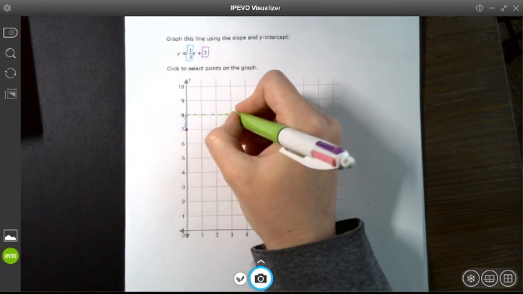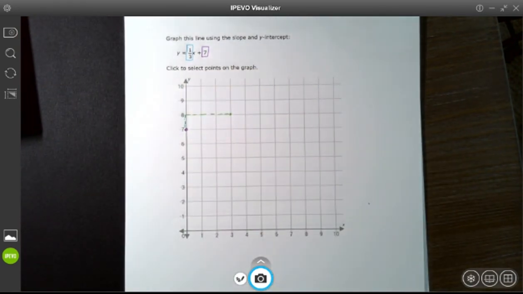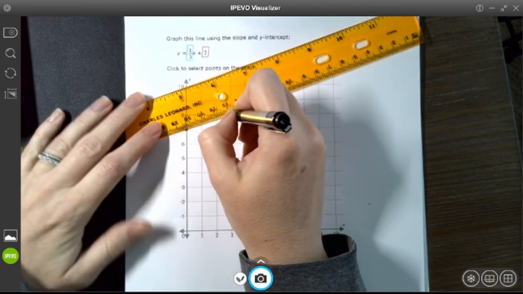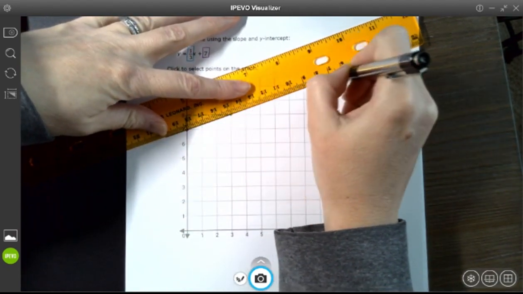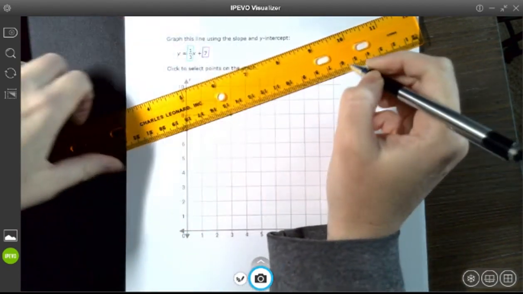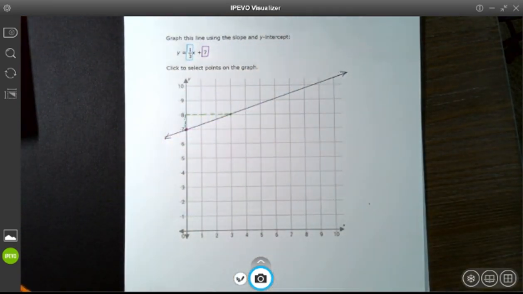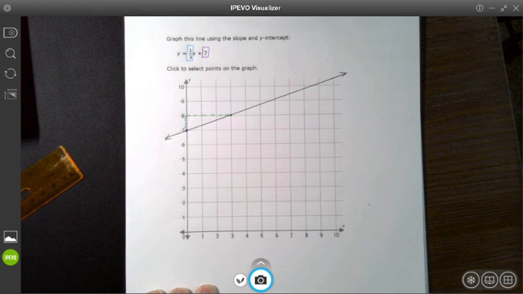Honestly, this is my favorite part. I like using the ruler. And there's my line. Let's look at one more.